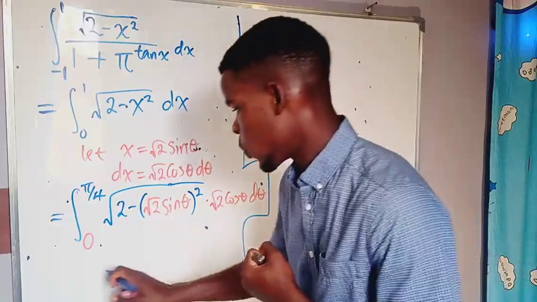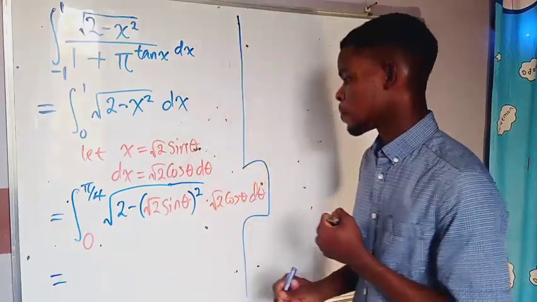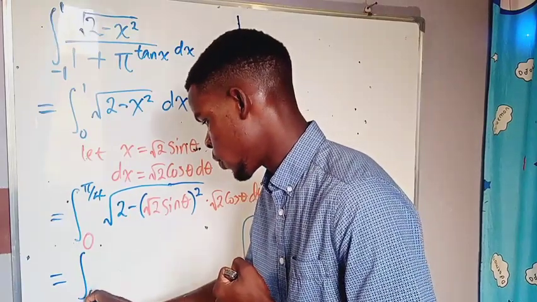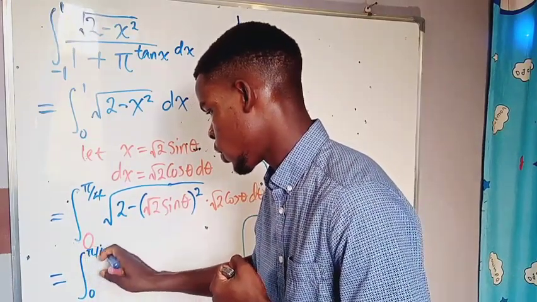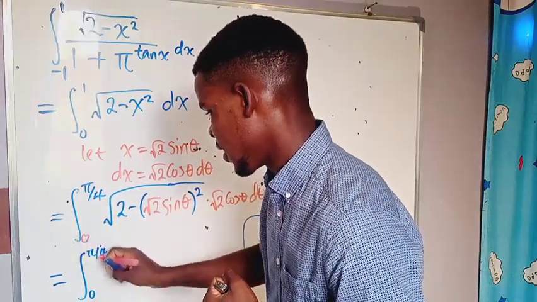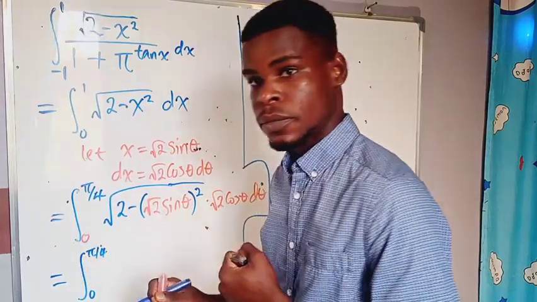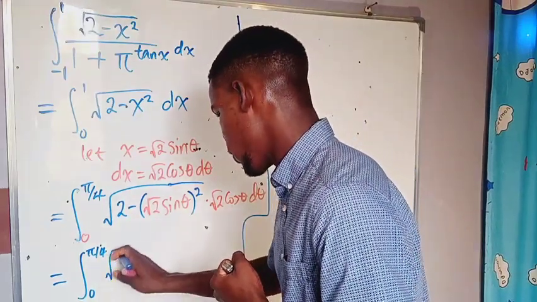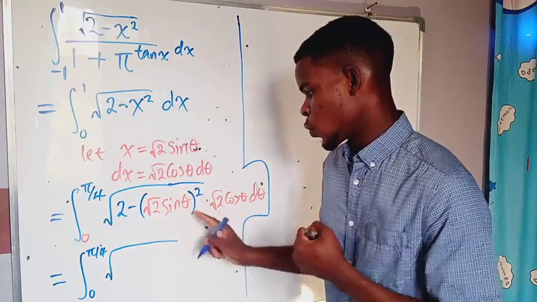Okay, great. So let's see what we have. I'll put the bounds of integration 0 to pi over 4 of, now let's see, this is the square root of, we are going to square this term.